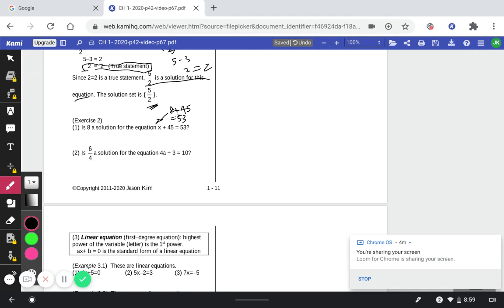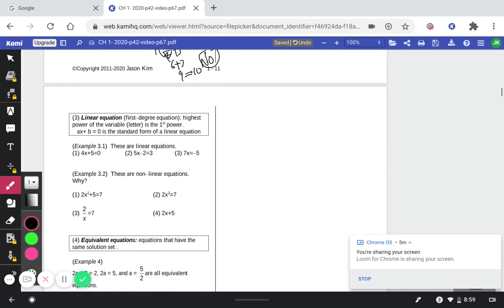Number 2, is 6 over 4 a solution for this equation? Let's plug in: 4 times 6 over 4 plus 3. So 4 and 4 cancel out, 6 plus 3 is 9. Is 9 equal to the right side, 10? No, it is not. 9 is not equal to 10. So 6 over 4 is not a solution for this equation.